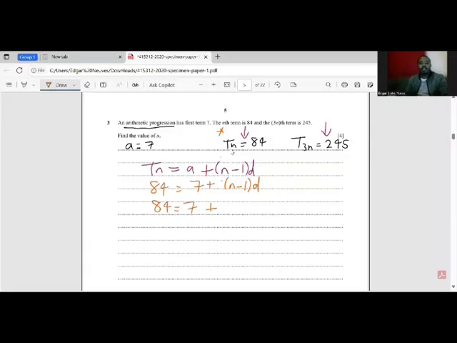When you multiply this you must distribute the d. So d times n is dn, d times negative 1 is minus d. Then we're going to simplify this by subtracting 7 on both sides. If you subtract 7 on both sides, then you get 84 minus 7 is actually 77, and then dn minus d. I'm going to call this equation 1.